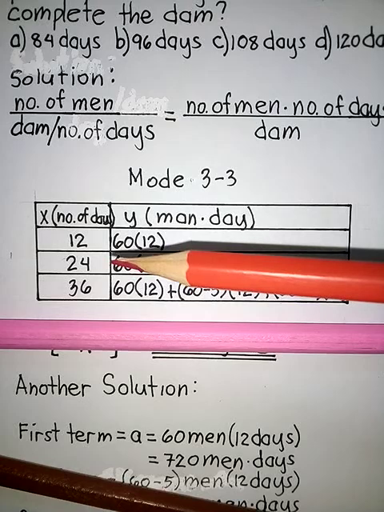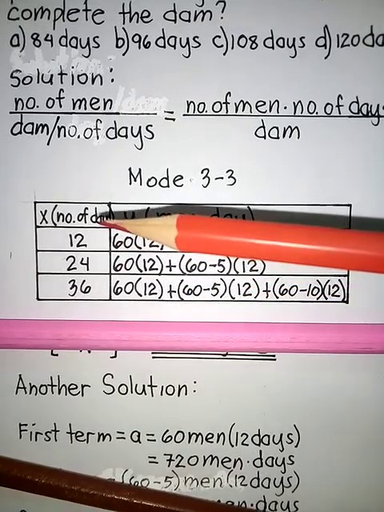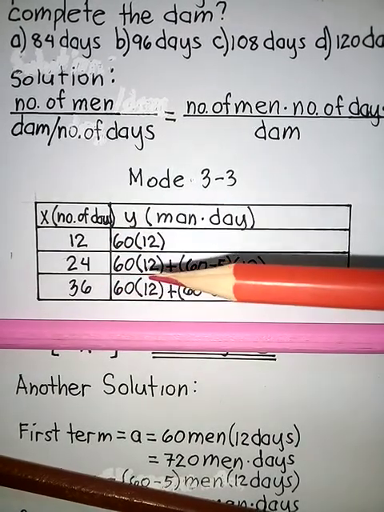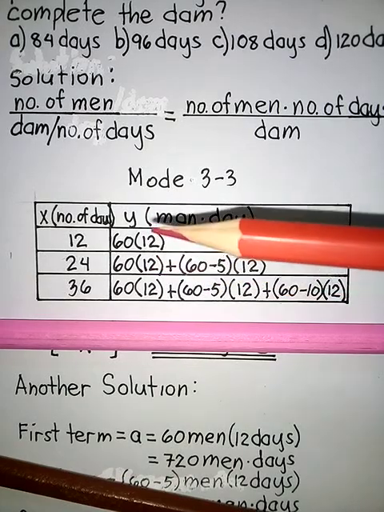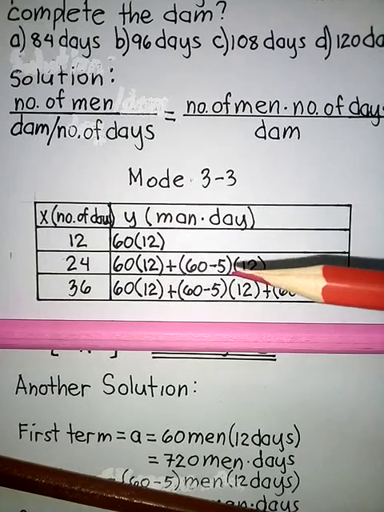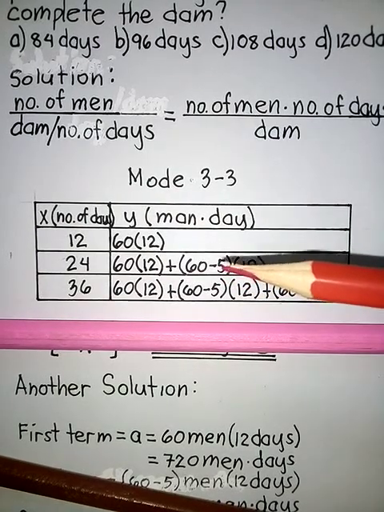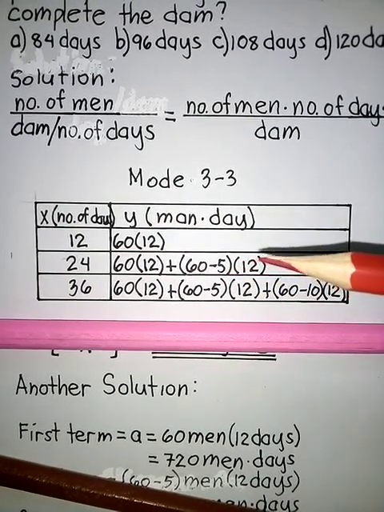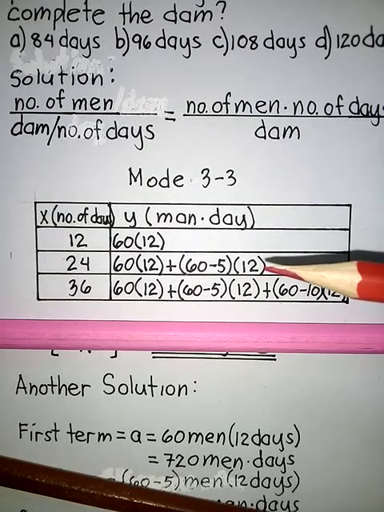On the second period of 12 days, on the Y column we have 60 times 12, plus the number of men decreased by 5, so 60 minus 5 multiplied by this second 12-day period.